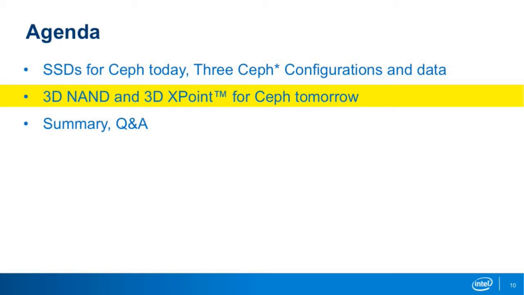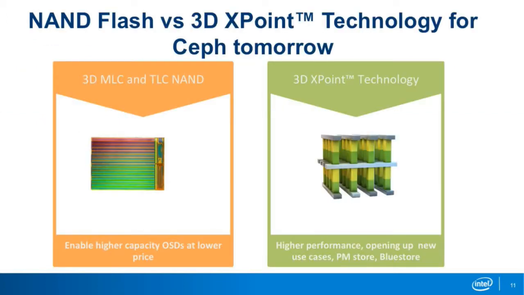And looking forward, we have 3D NAND and 3D XPoint. Basically, we think the industry, at least Intel, is moving this way. One direction is cost reduction, like flash replacing HDD. The other direction is 3D XPoint. It's a new medium, a resistance-based material, and totally new technology.